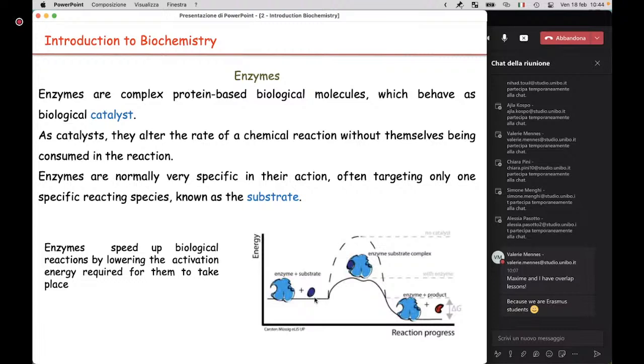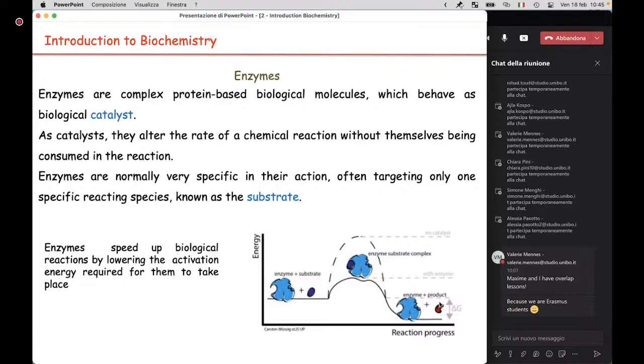So between the two levels is some sort of energy barrier that has to be overcome to produce the products. So in order to have the products, we have to take our reactants and give them energy.